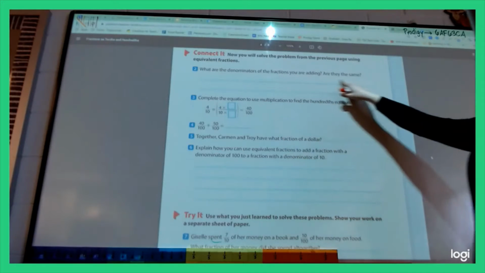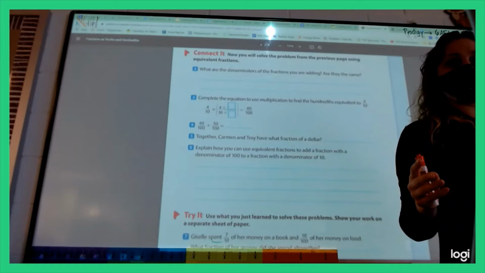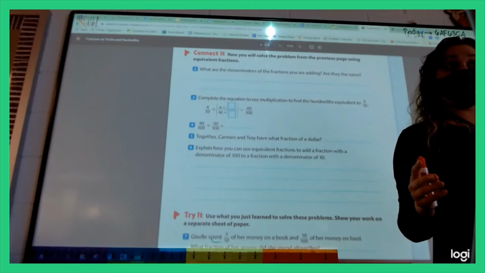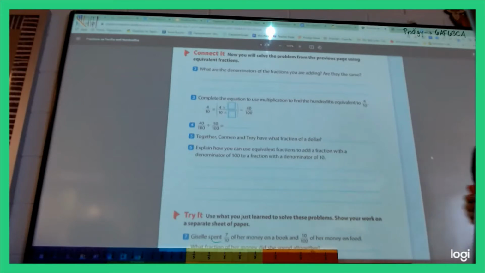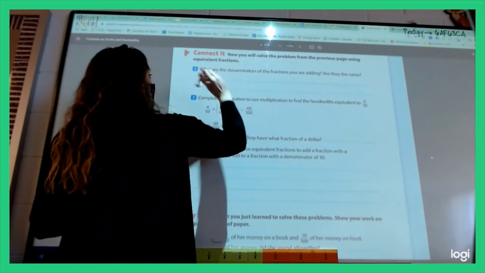What are the denominators of the fractions you are adding? And are they the same? This is not a hard question. So, Abby, are they the same first? No. Okay, so we can say, no, they're not the same, and then we'll say what they are.